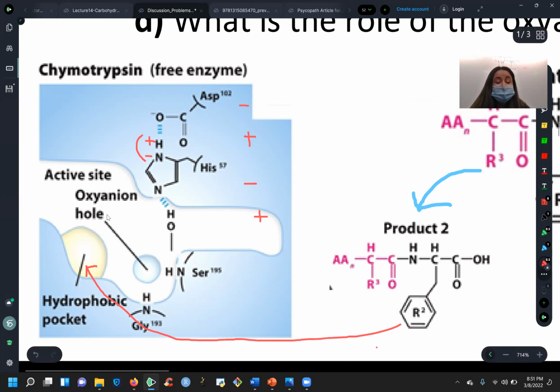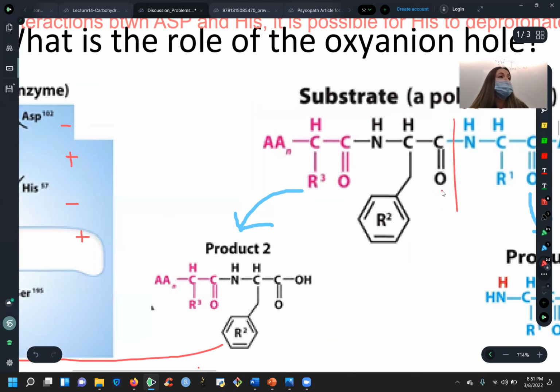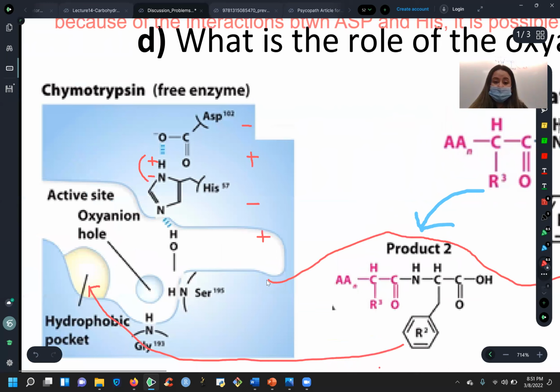Then we have this other element, and it's called an oxyanion hole. What goes in here? This specific carbonyl, the one attached to the peptide bond, is the one that's going to fit in the oxyanion hole right here.